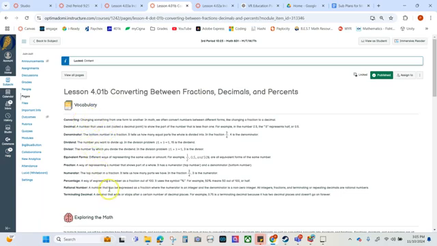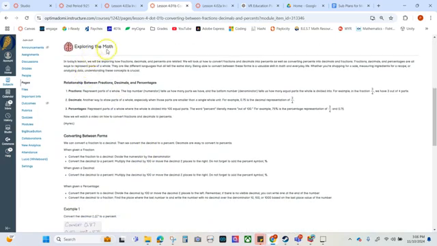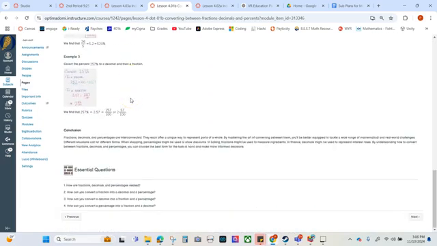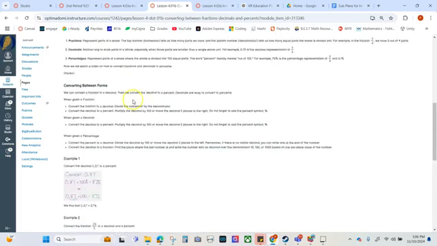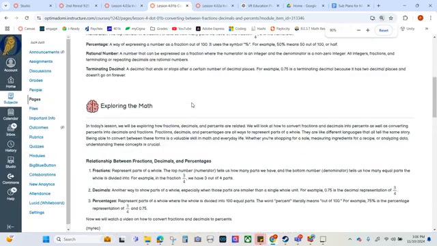We're not going to go over these right now. What we are going to go over is the Exploring the Math section that has the pictures and sometimes has videos. Let's zoom in and let's get reading. In today's lesson, we will be exploring how fractions, decimals, and percents are related. We will look at how to convert fractions and decimals into percents, as well as converting percents into decimals and fractions.